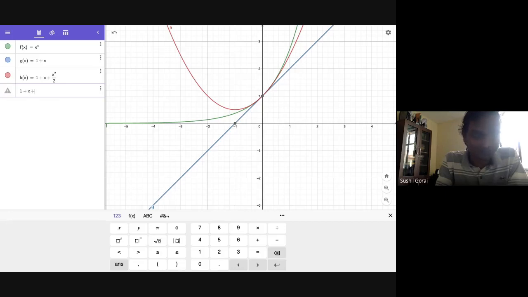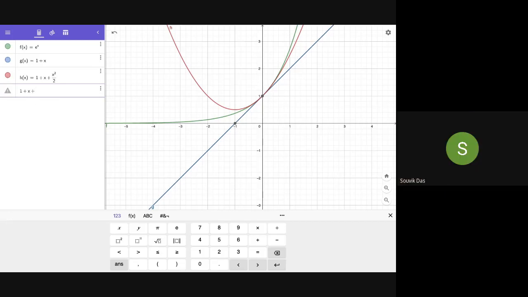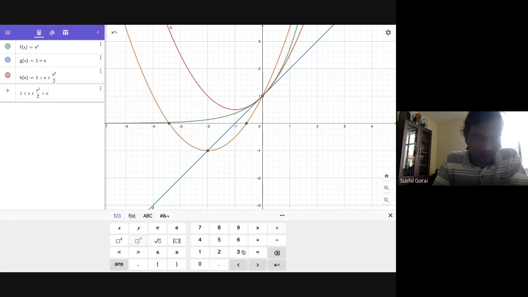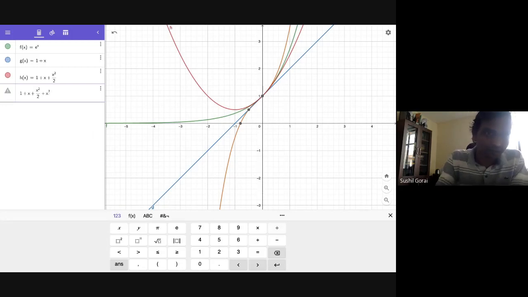What will be the next term? x cubed by 6, right? Plus x cubed divided by 6.